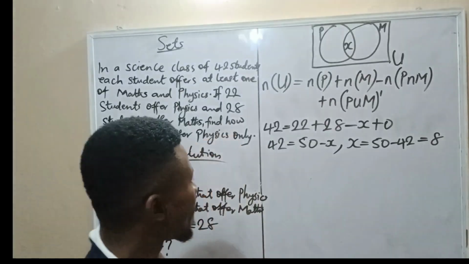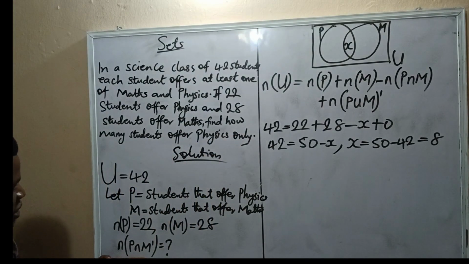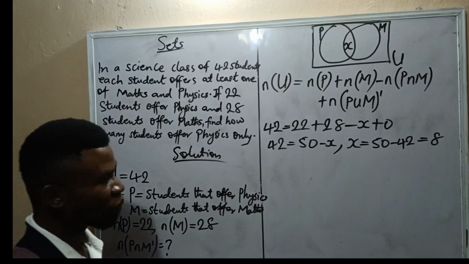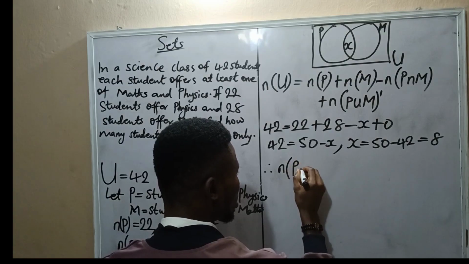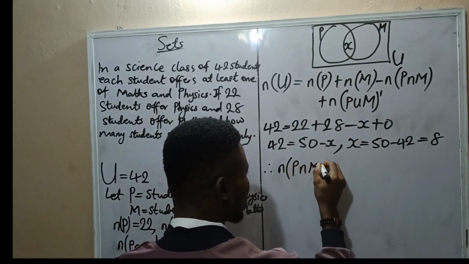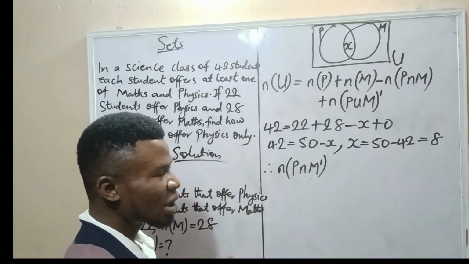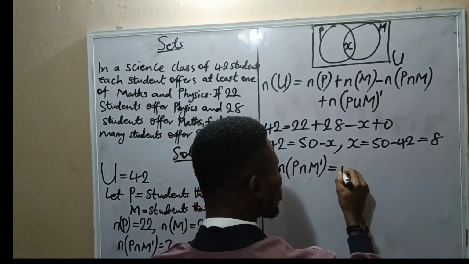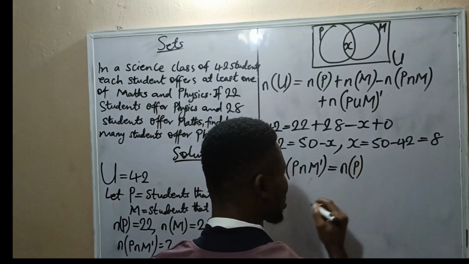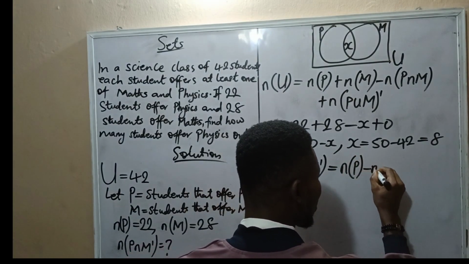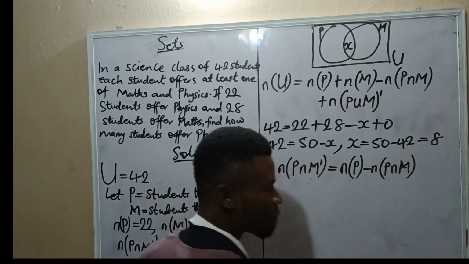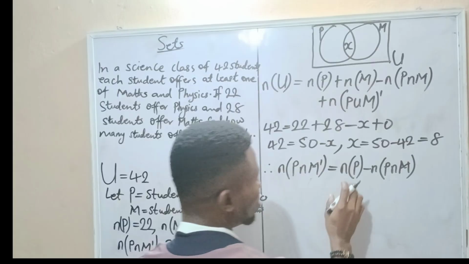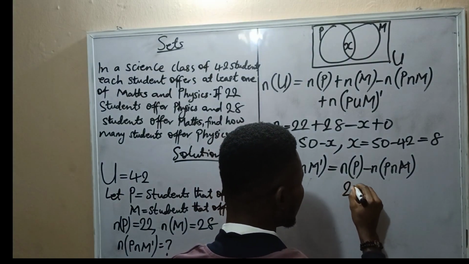But now we are asked to get the number of students that offer physics only, which is number of P intersection M prime. Therefore, number of P intersection M prime, the number that offer physics alone, is equal to the number that offer physics minus the number that offer both subjects, that is P intersection M. The number that offer physics is what? 22.